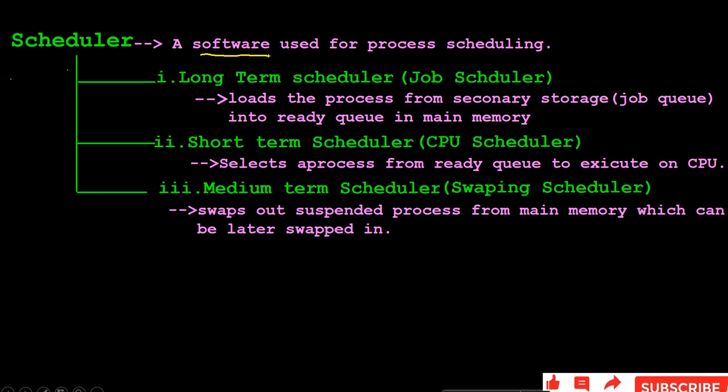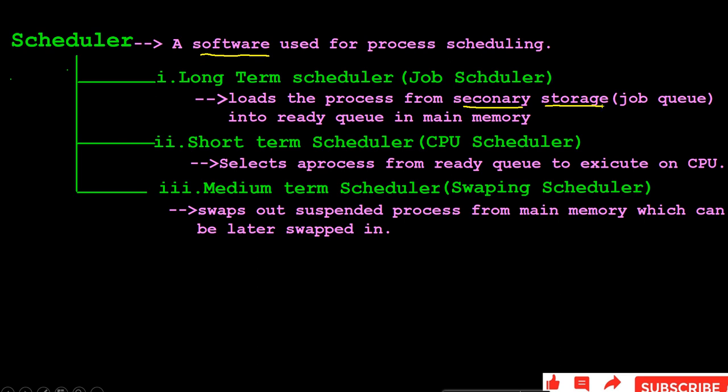But the definitions are also given. Long-term scheduler means generally the processes will be in the secondary storage, or we call it secondary memory, hard disk. And these processes, before executing, will be called programs. So they will be stored in the job queue of secondary storage. For execution purpose, the CPU needs them to be stored in the main memory.